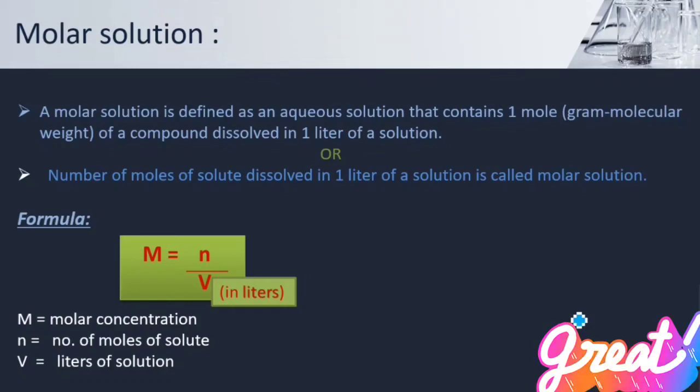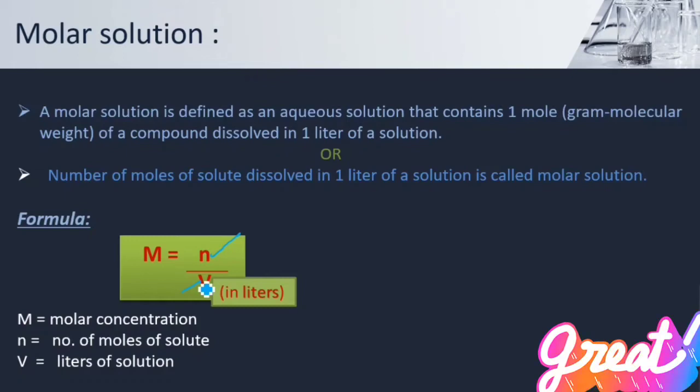Next, the molar solution. A molar solution is defined as an aqueous solution that contains 1 mole of a compound dissolved in 1 liter of solution, or the number of moles of a solute dissolved in 1 liter of solution is called a molar solution. As you can see, n is equal to the number of moles of solute and V is the volume.